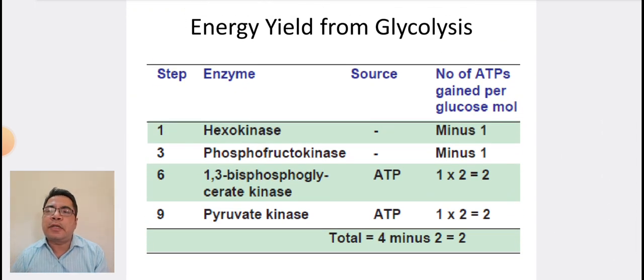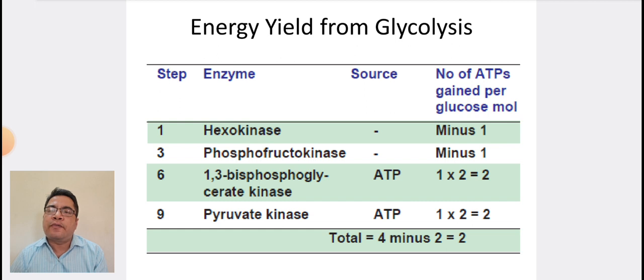In this table, we can see energy yield from glycolysis in case of anaerobic glycolysis. Step 1 contains hexokinase as an enzyme and it consumes 1 ATP. Step 3 contains phosphofructokinase which consumes 1 ATP.